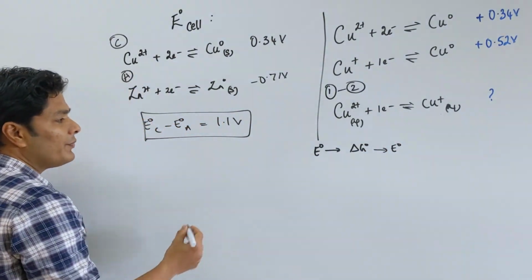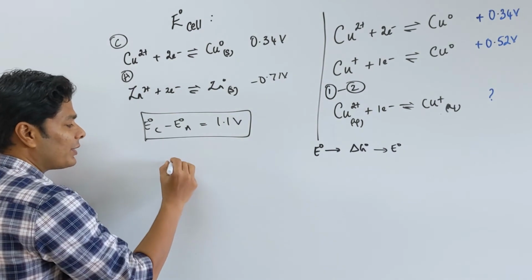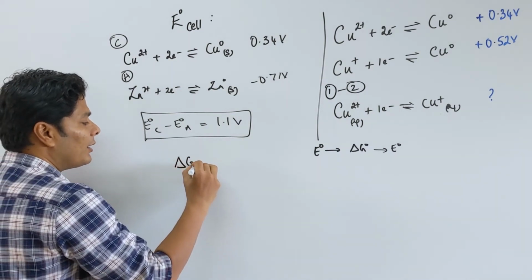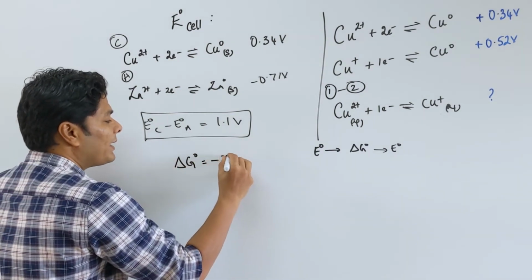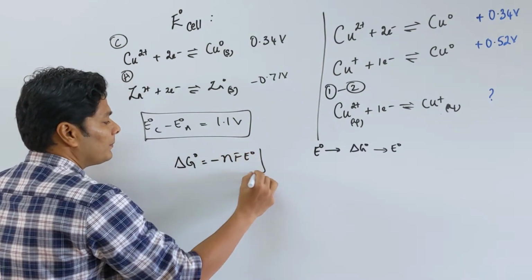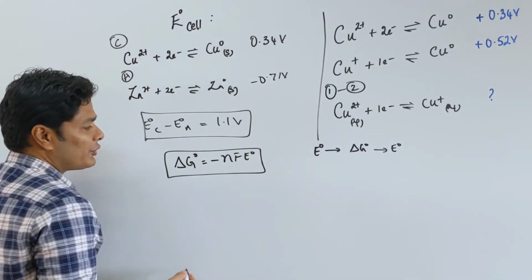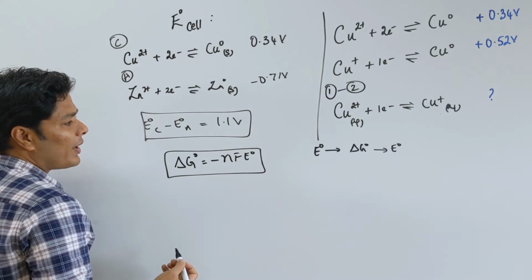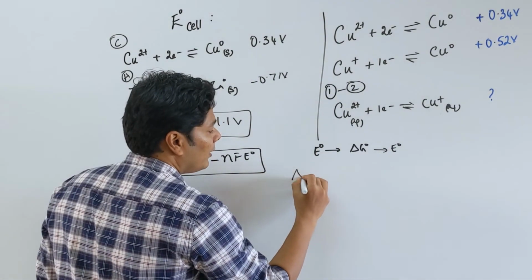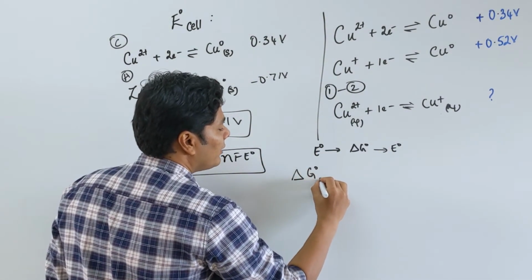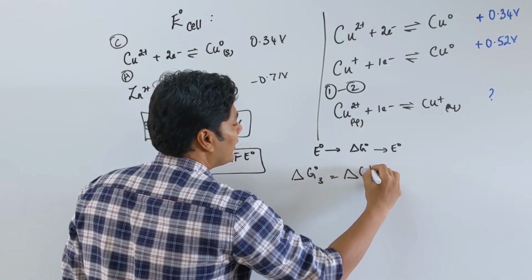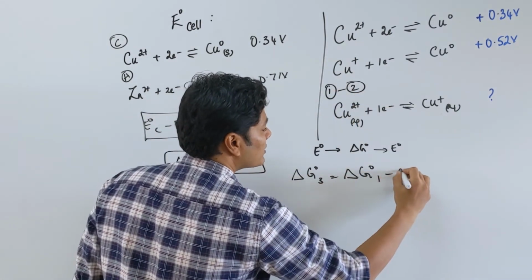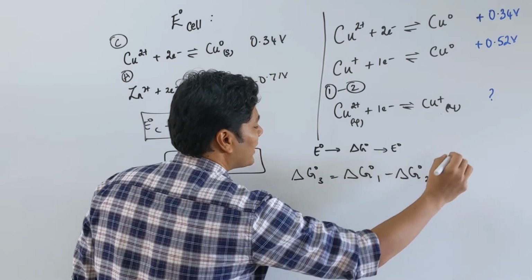How do you get the delta G for a given reaction? It's given as delta G naught equals minus NF E naught. I'll combine this with thermodynamics soon. So, this is how we do. So, if I were to do this, delta G naught 3 equals delta G naught of first equation minus delta G naught of second equation.